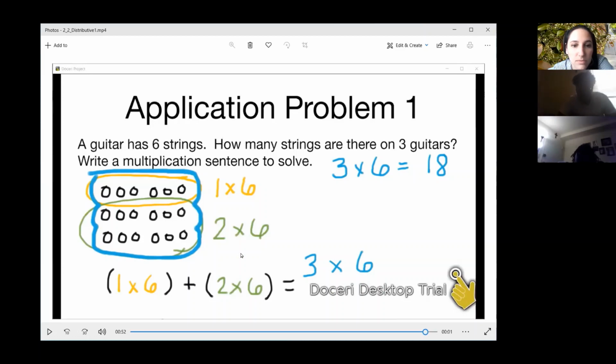They did it by how, like, they separated it to make it 2 and then 1.